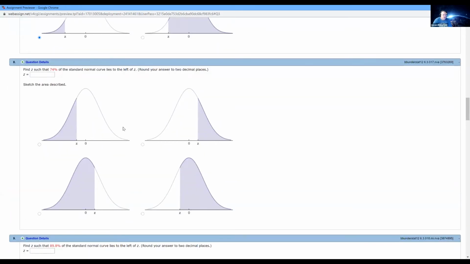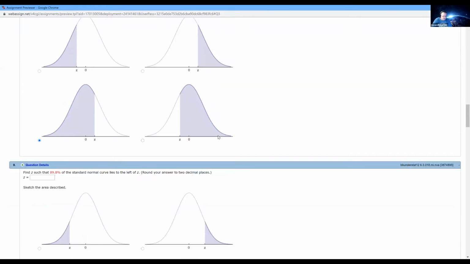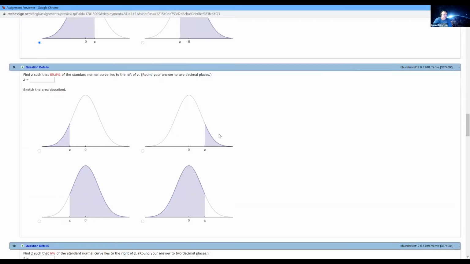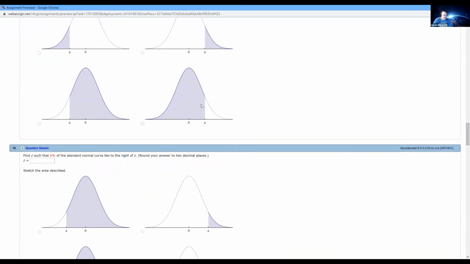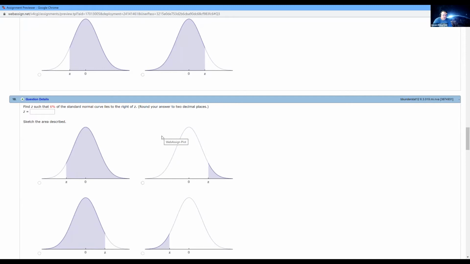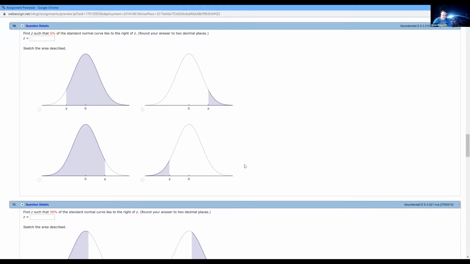Here's a Z-score to the left of 74%, so I'm assuming it would be that picture? And then you do an inverse norm of 0.74. And that's another similar one. Oh, here's one to the right. Okay. Find a Z-score that's to the right of, well, it's 6%.